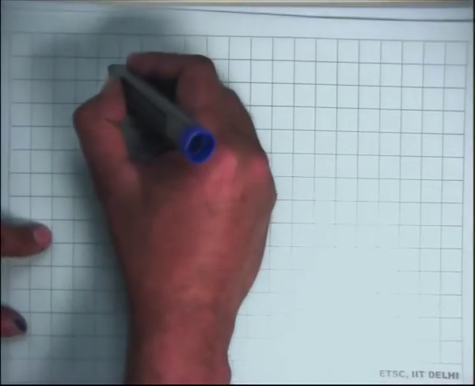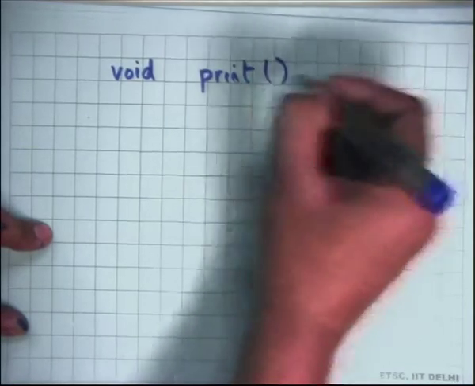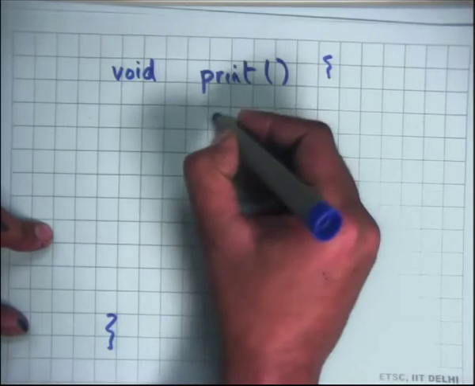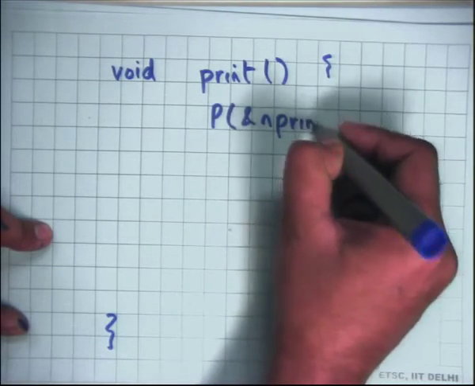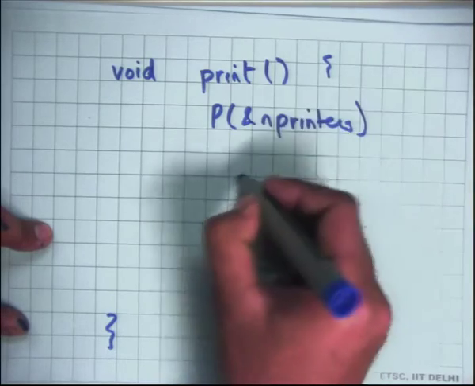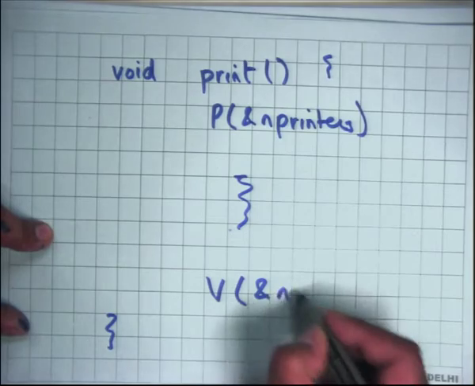All you need to do is, let's say this is your print function. Inside the print function you will basically say P on, let's say, n printers, call the print command and then call V on n printers.